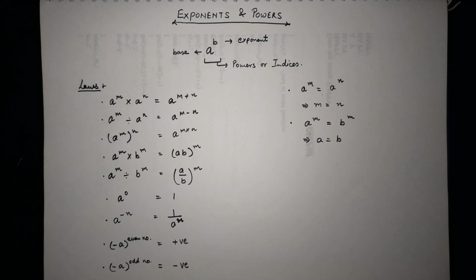Now let's start with exercise 2.1. Here we see question number 1, first part. Here in this one we have 3 to the power 5 whole to the power minus 2, that is 3 upon 5 whole to the power minus 2.